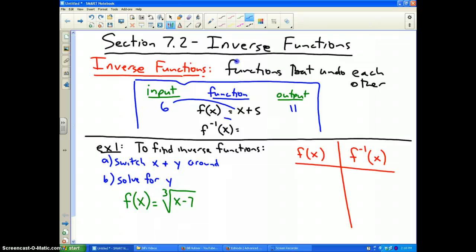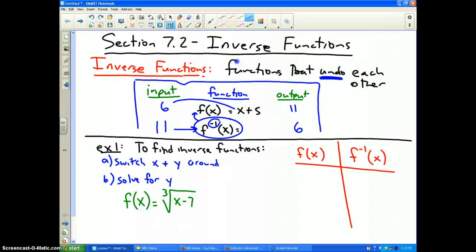Now, the inverse function of what we just did, and you notice that little -1, that little -1 means inverse. That means if I take 11 for my input and I put it into some function, I got to get an output of 6 because my inverse has to undo what my previous function just did.